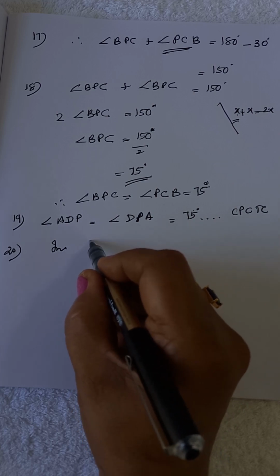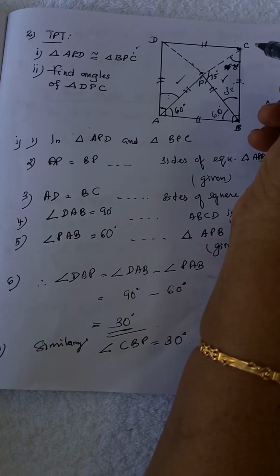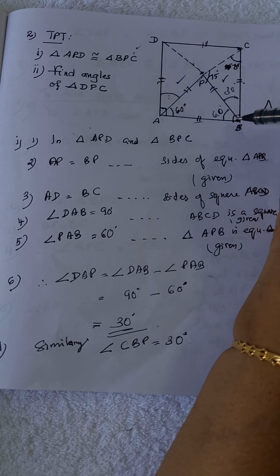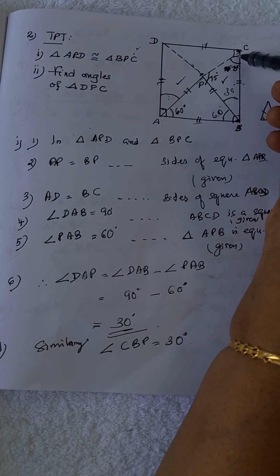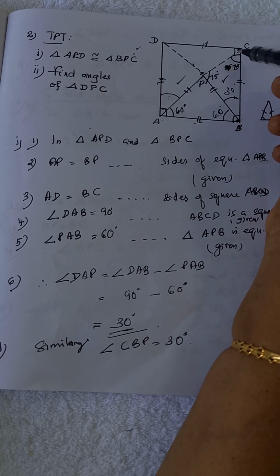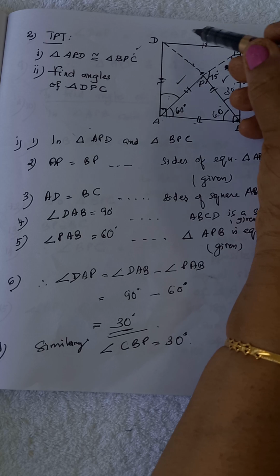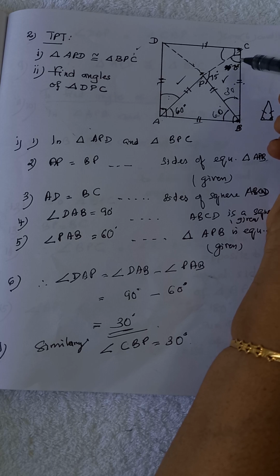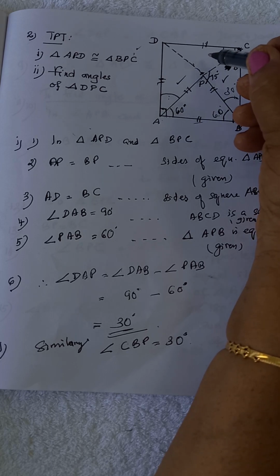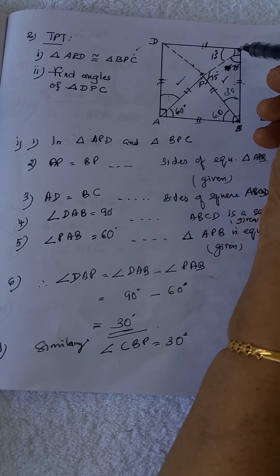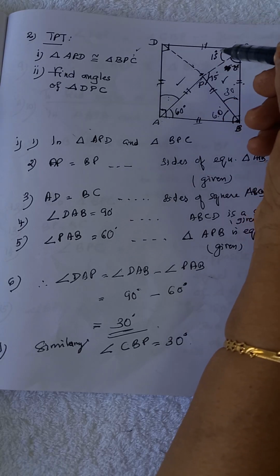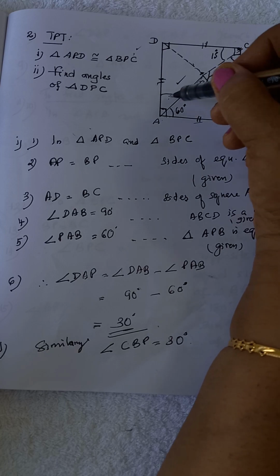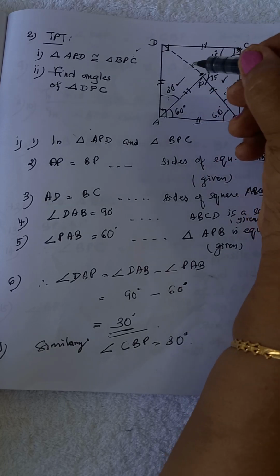Now the next point, we can take triangle DPC. So we can write, in this triangle DPC, angle DCB is equal to 90 degree, and angle PCB is 75 degree. So what is angle DCP? That will be 90 degree minus 75 degree, that is 15 degree. Similarly, angle CDA is 90 degree, and angle DAP, these two being congruent triangles, is also 30 degree. We have found it earlier.